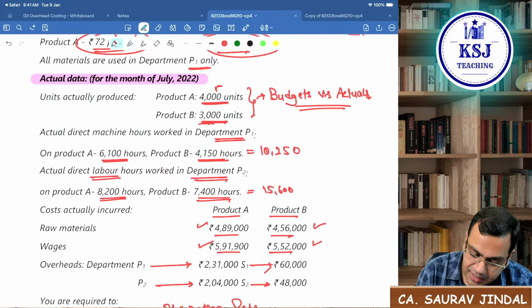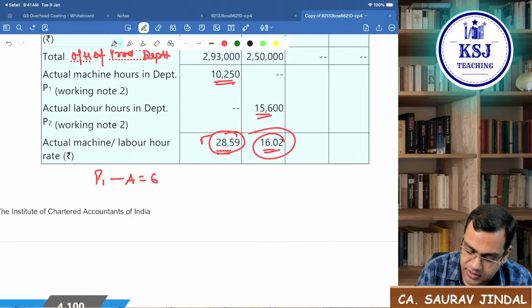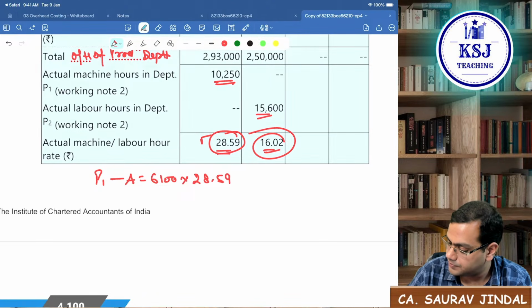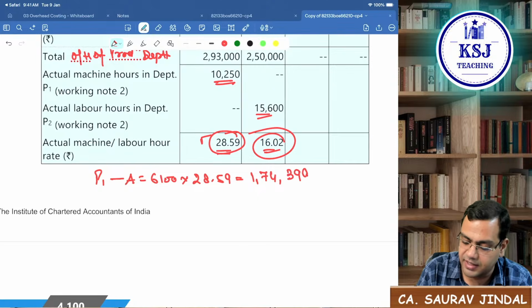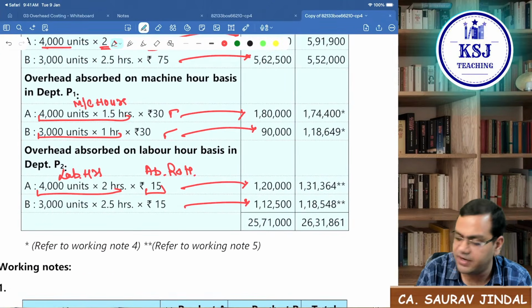So in the department P1, what is the actual hours? 6100. So can I do 6100 multiplied by 28.59? This comes to 1,74,399. Is it the actual cost that they have taken? 1,74,400.